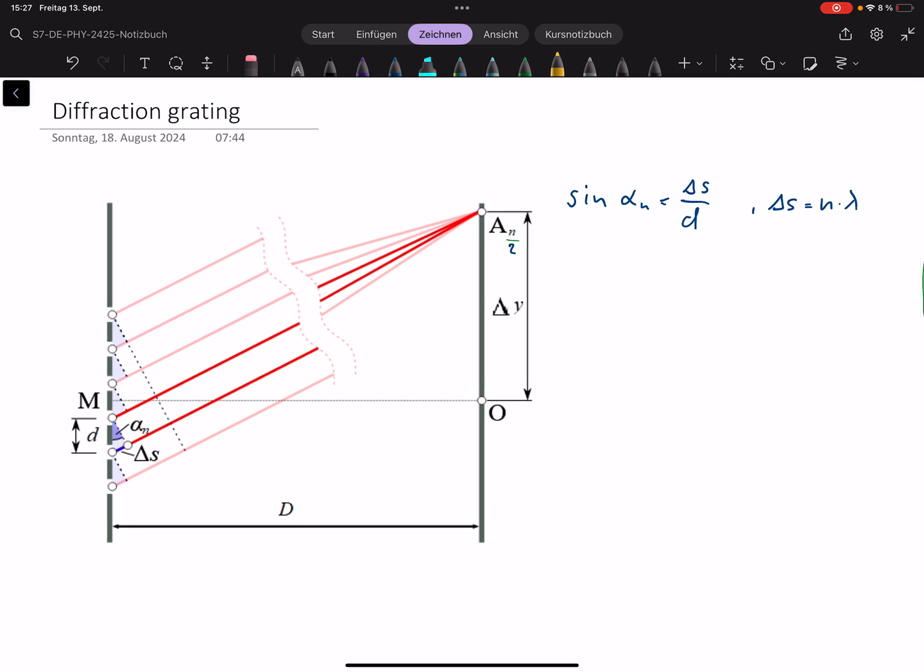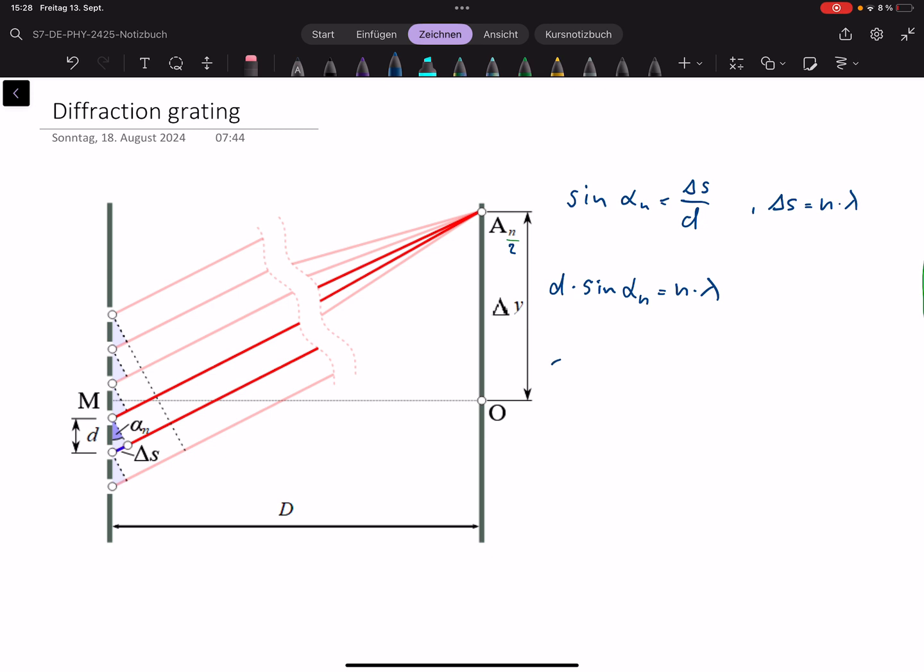Okay, so we take the first equation, and we bring the d to the other side, so we've got d times sine of alpha, and now we replace the delta S by n times lambda, which is the condition for the nth maximum.